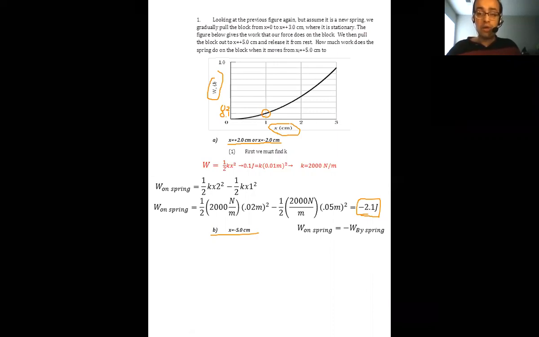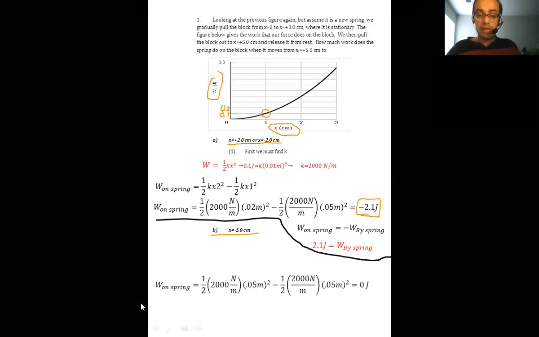And that's what allows us to say that the work on the spring is equal to the negative of the work done by the spring. So we say that the work done by the spring is the negative of negative 2.1 joules, or 2.1 joules.